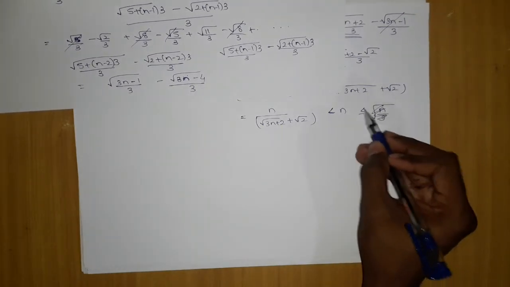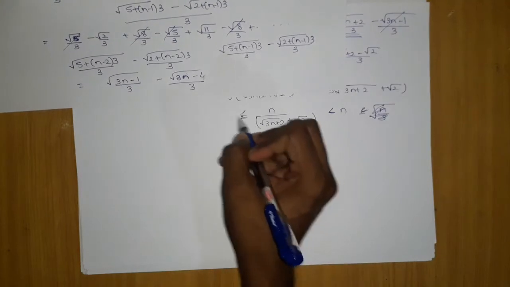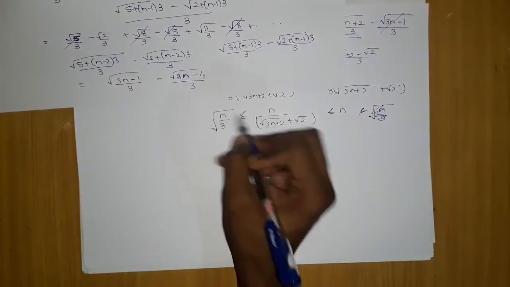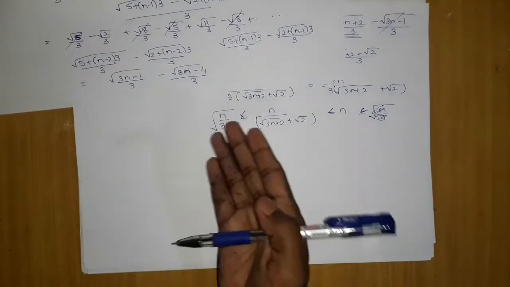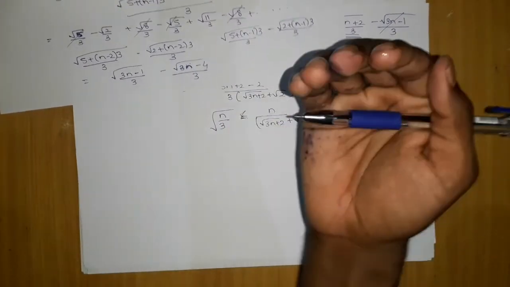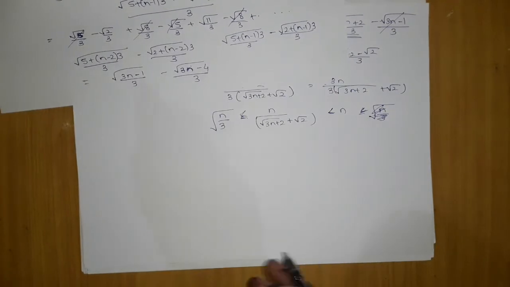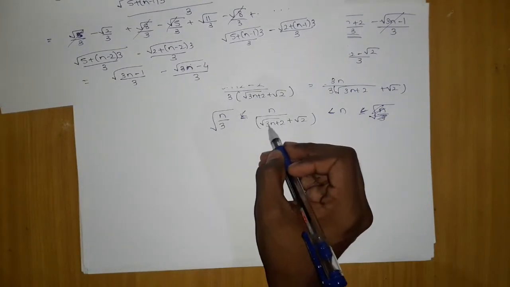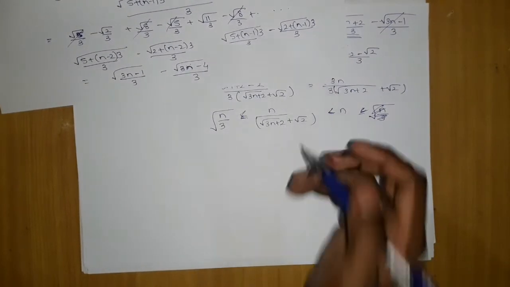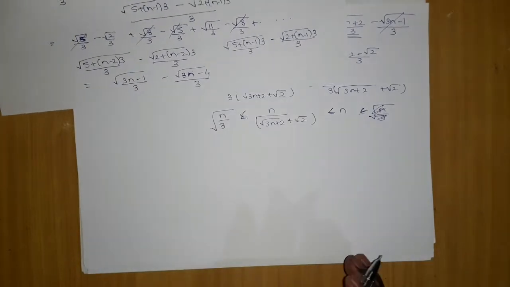So this will not be greater than, it will be less than all of them. Under root n by 3 will be less than all, and root 3 means the 3 value is also reduced. So n by root 3n plus 2 plus under root 2 will surely be greater than this. Okay, now let's move on.